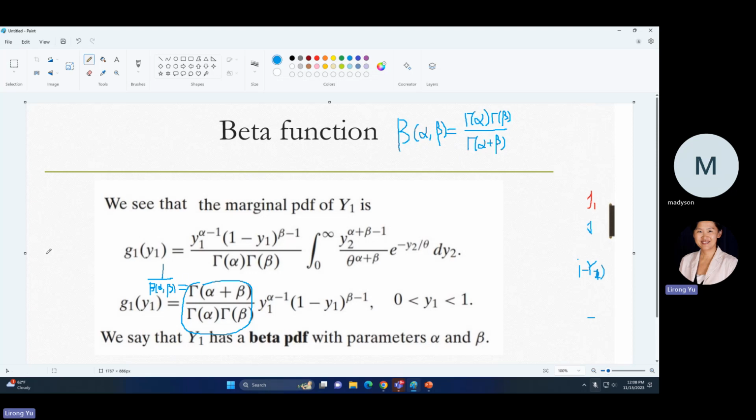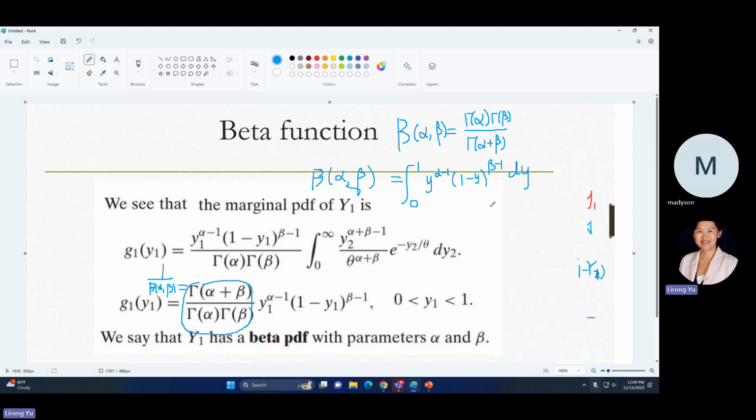Another thing is the beta function by definition is the integral from 0 to 1 of y to the alpha minus 1, times 1 minus y to the beta minus 1, dy, and that's B(alpha, beta). If you integrate this alone, it equals B. But since we have this denominator, that guarantees that if you integrate this density function from 0 to 1, the integral equals 1.